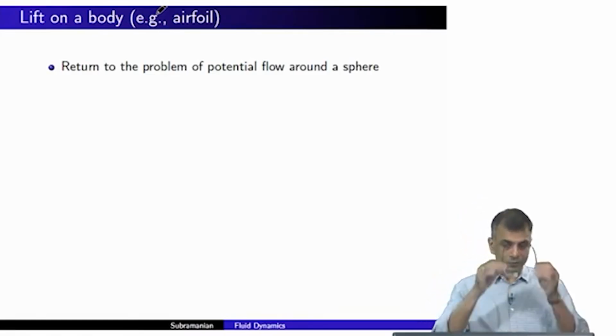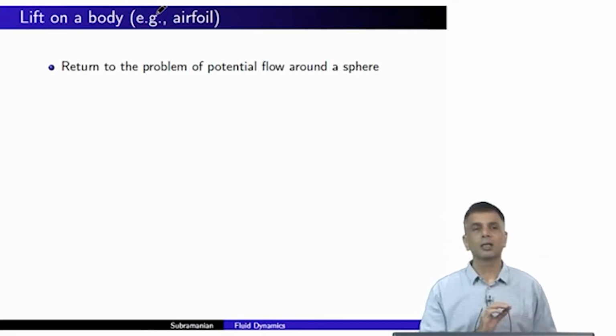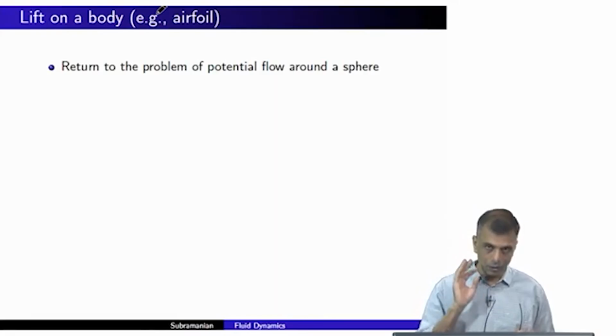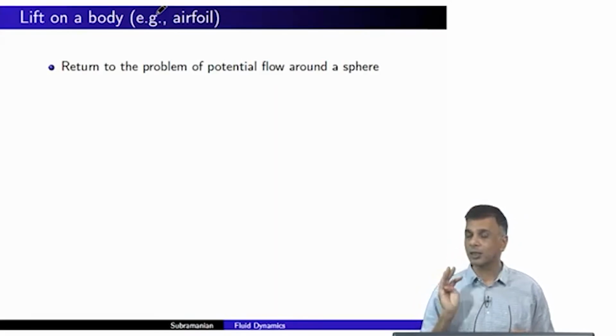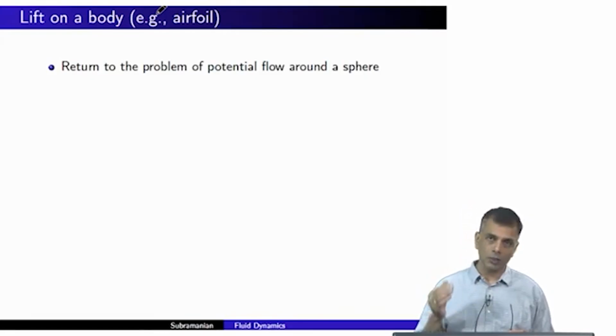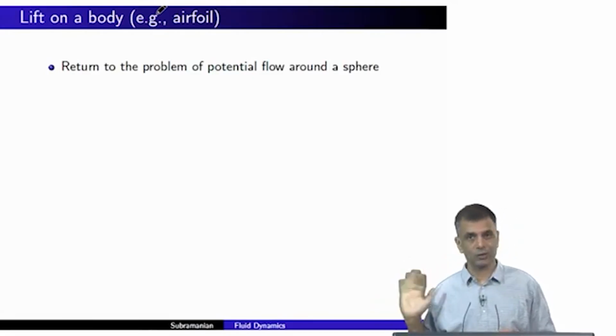Right. So before even talking about what we are now specializing, remember, to incompressible flows, not yet compressible. Let us return, before we add circulation, to the problem of potential flow around a sphere.